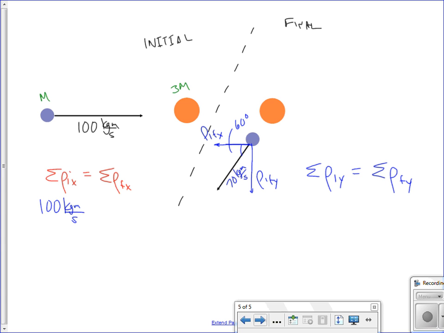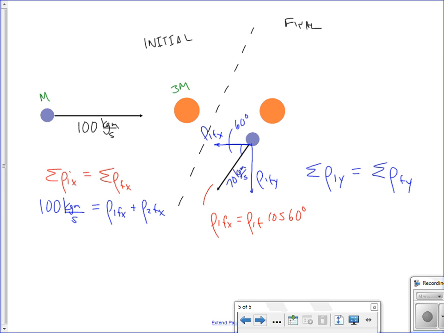Here's the deal. In the end, each one of these objects has to have some horizontal, x direction momentum. And so this is going to equal P1 final x plus P2 final x. And notice, we can now write expressions for the components of number one's final momentum. P1 final x is P1 final cosine 60.